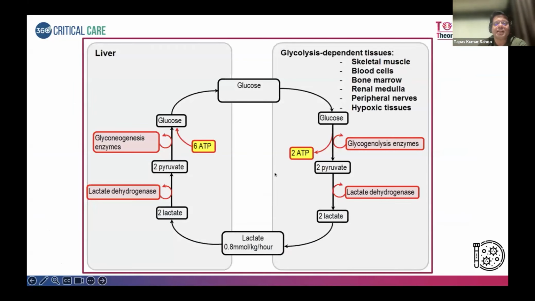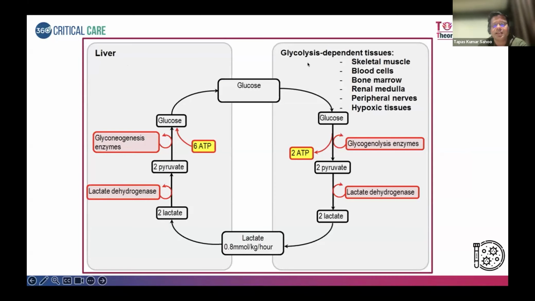Now, this is the Cori cycle. If somebody is interested to know, this happens in the liver, and this is gluconeogenesis. This is the glucose, and you can see here the pyruvate, 6 ATPs, gluconeogenesis enzymes, and lactate dehydrogenase as the catalyst, the enzyme responsible for the change in the pyruvate and lactate cycle.